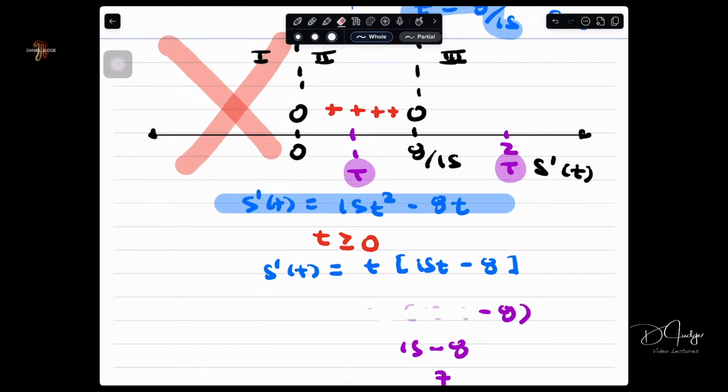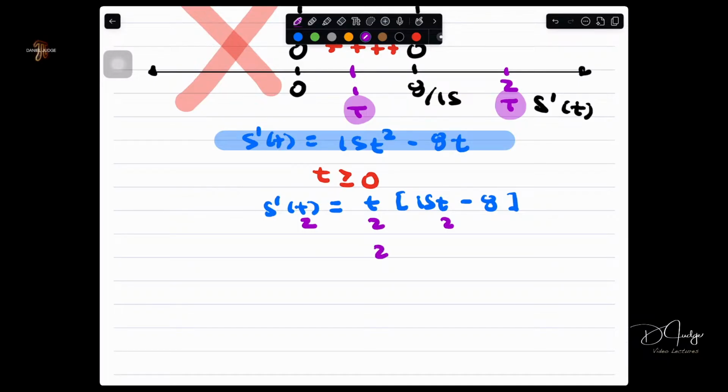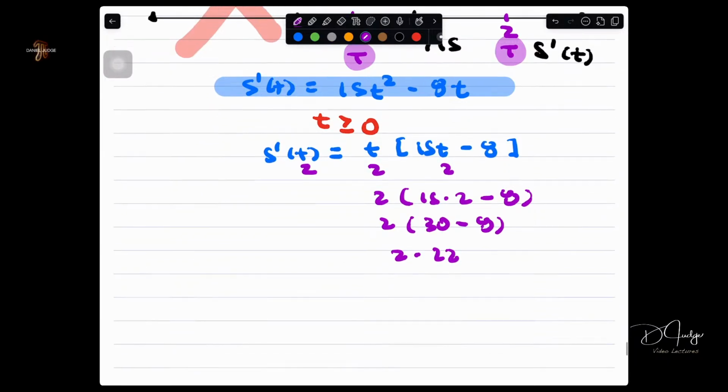Consider the test point now of the value 2. So we're going to plug in 2 wherever there's a t. This is sign analysis. This is 2 times 15 times 2 minus 8, which is 2 times 30 minus 8, which is 2 times 22. We get 44.